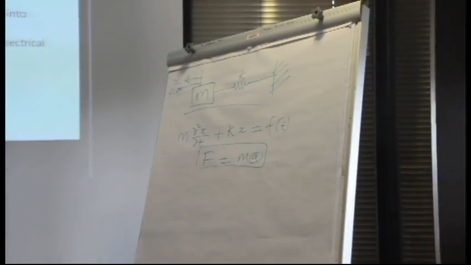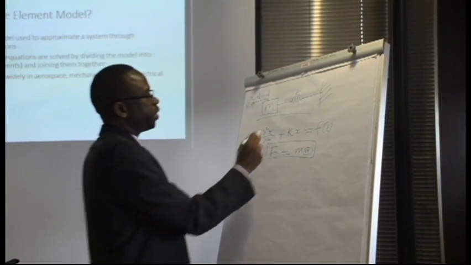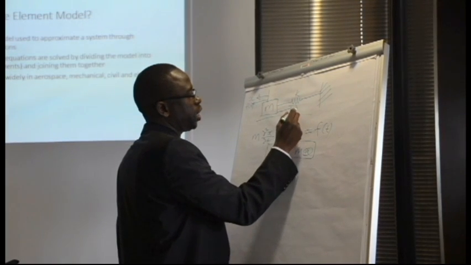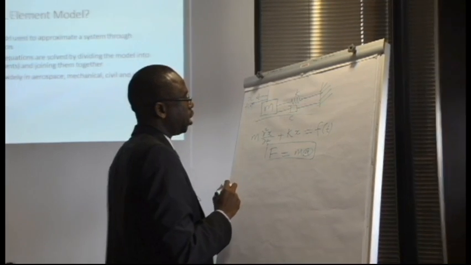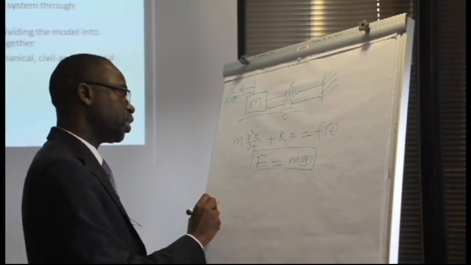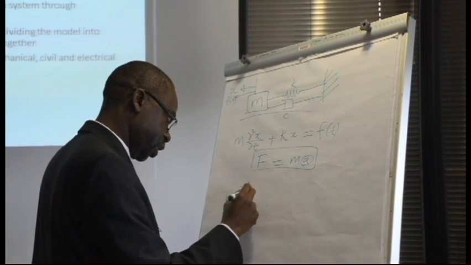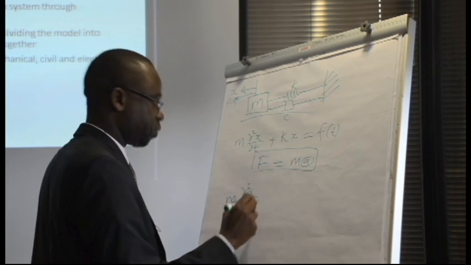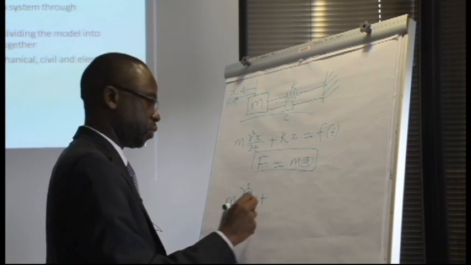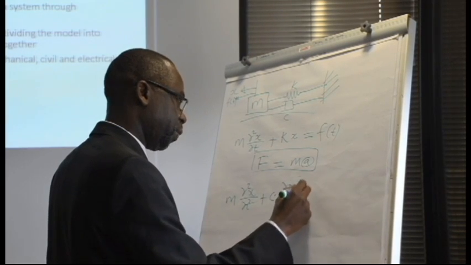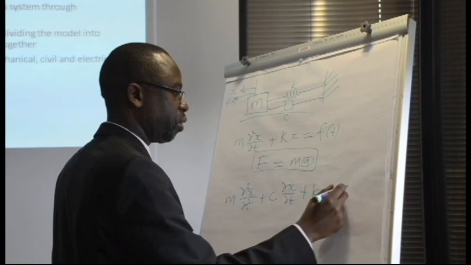The same system can be made a little bit more complicated if you add a damper. C is damping, so then the equation becomes m multiplied by the acceleration plus c multiplied by the velocity plus kx is equal to f(t).